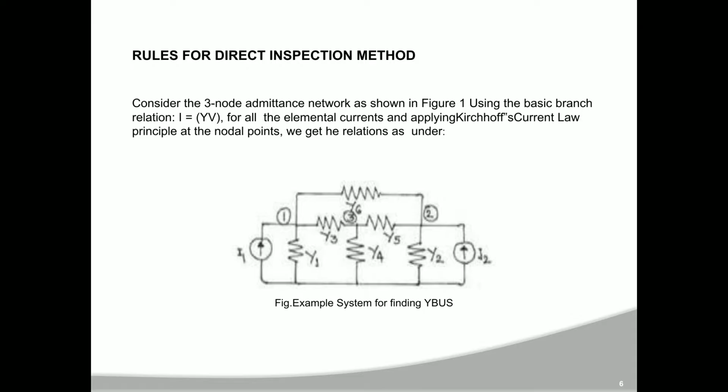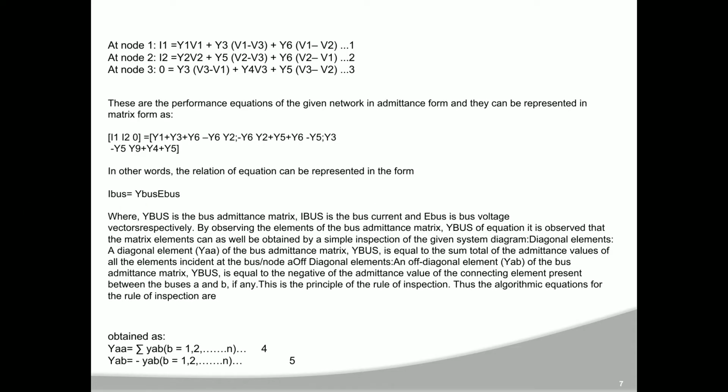By considering the figure, at node 1, I1 is equal to Y1 V1 plus Y3 (V1 minus V3) plus Y6 (V1 minus V2), as equation 1.